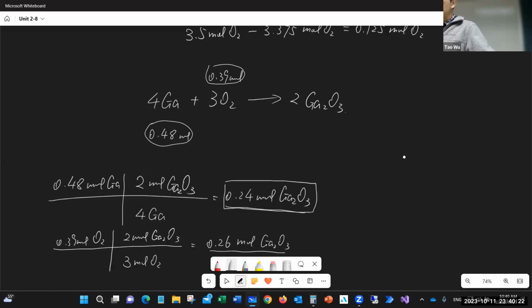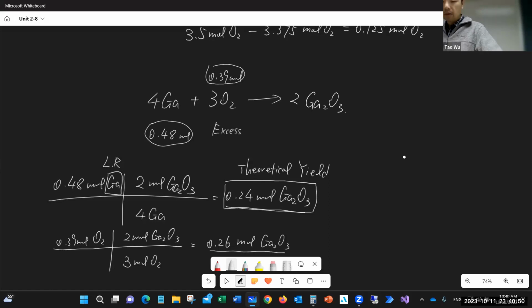Again, this is not called the limiting reagent. That is just the theoretical yield, which is the maximum yield that can be produced by the limiting reagent. And the gallium up here is what we call the limiting reagent. In other words, oxygen will be the excess.